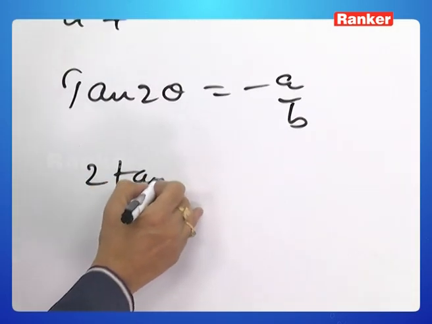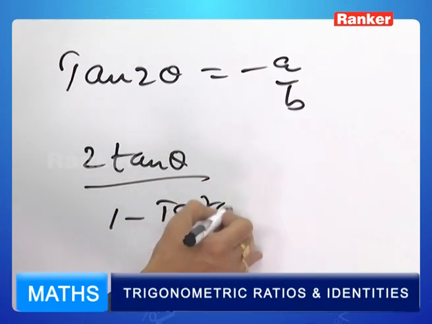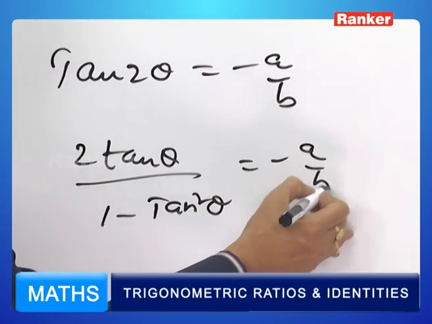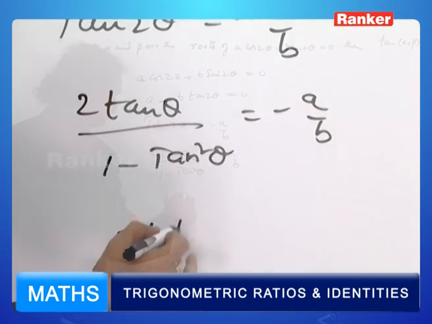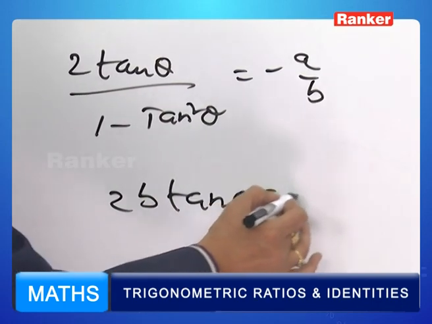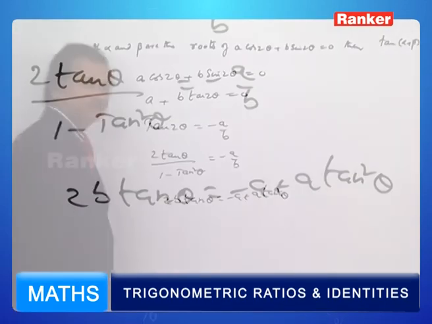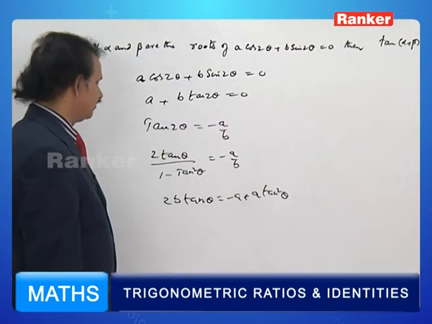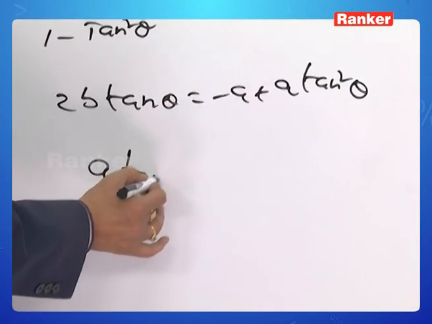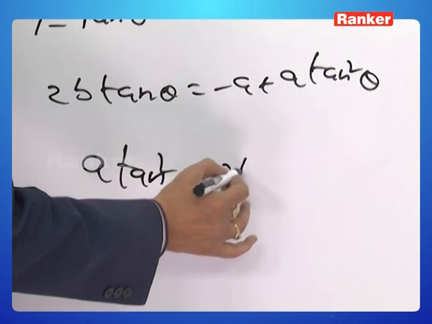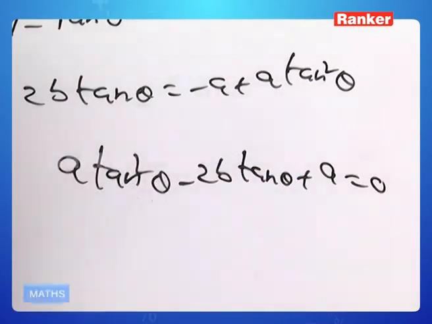So 2 tan theta by 1 minus tan square theta is equal to minus a by b. So 2b tan theta is equal to minus a plus a tan square theta. Therefore, a tan square theta minus 2b tan theta plus a is equal to 0.